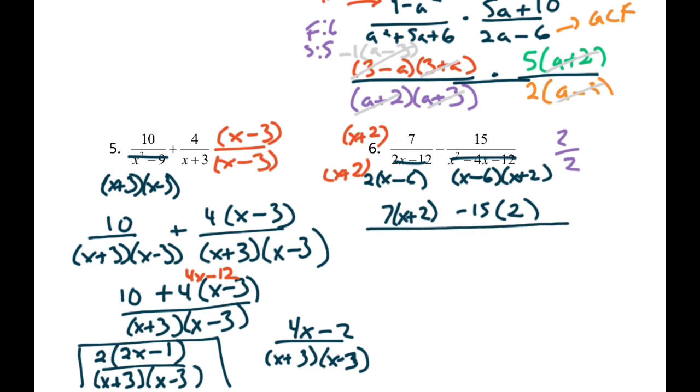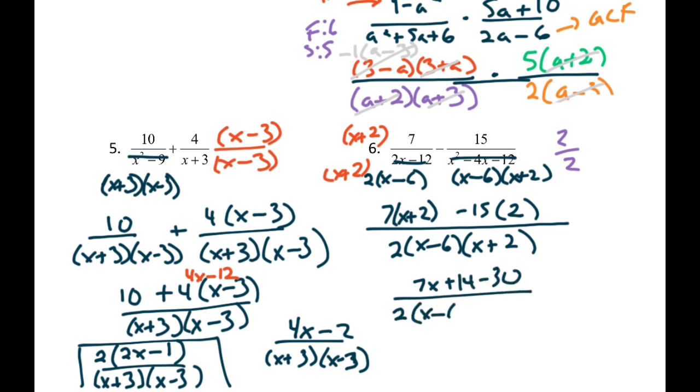Now they'll have common denominators, so we can write over 2, x minus 6, x plus 2. Distribute on our numerator, so 7x plus 14 minus 30. If I combine like terms on that numerator, 14 minus 30 is negative 16. So this will be 7x minus 16 over 2, x minus 6, x plus 2.